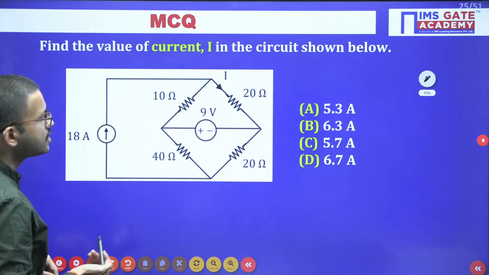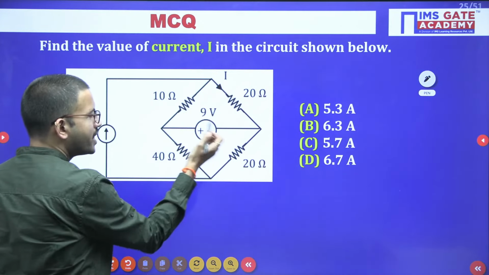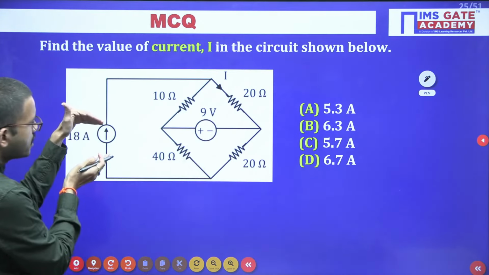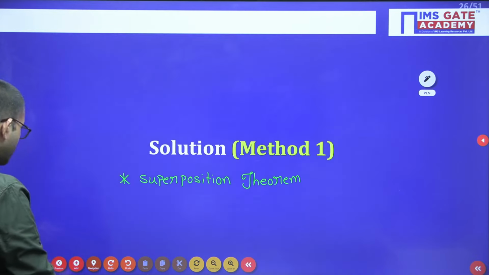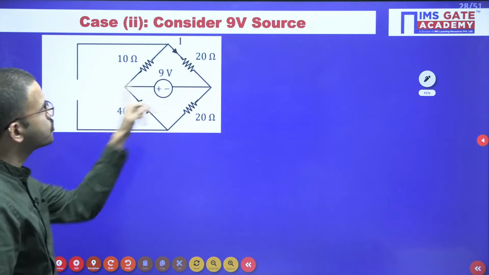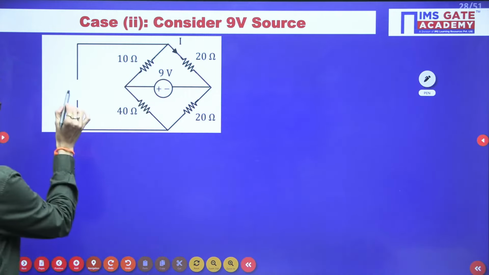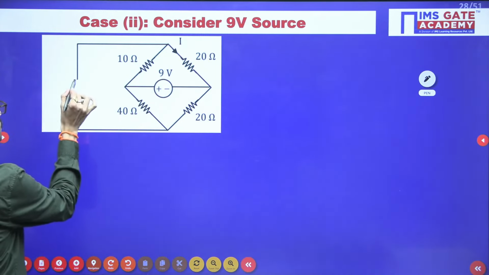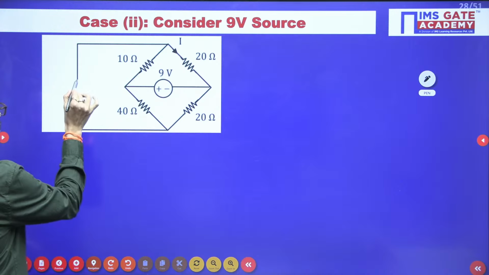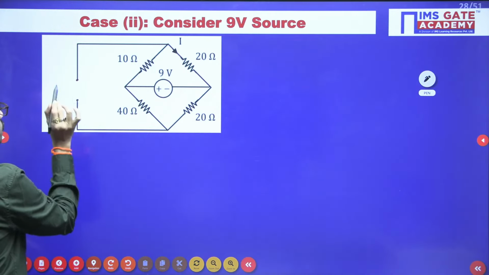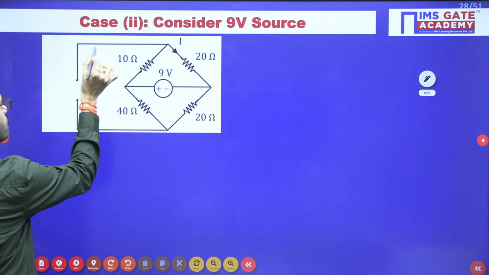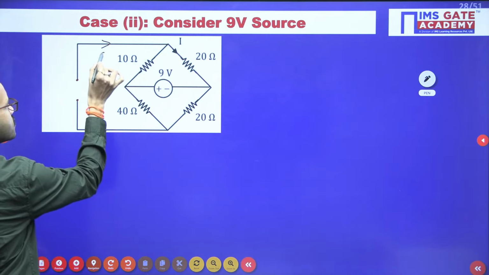So now let us consider this voltage source and we'll make this current source as open. That is case 2. I am considering only 9 volt source. The moment I have removed the current source, here the terminals become open. If the terminals become open, how much current will flow? 0 ampere.